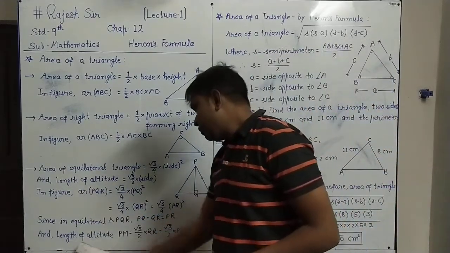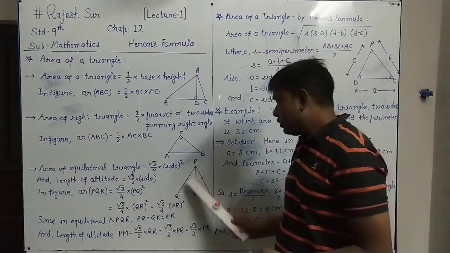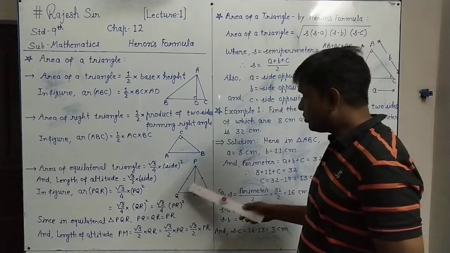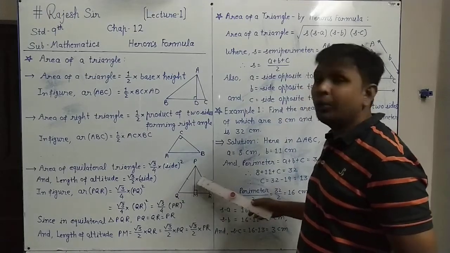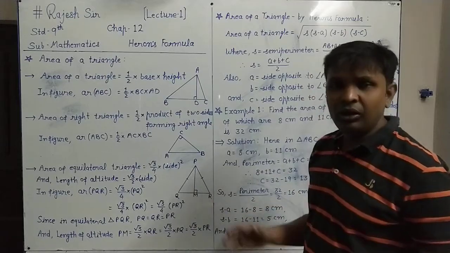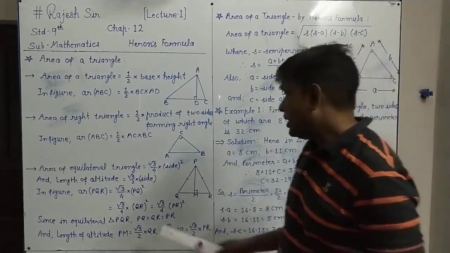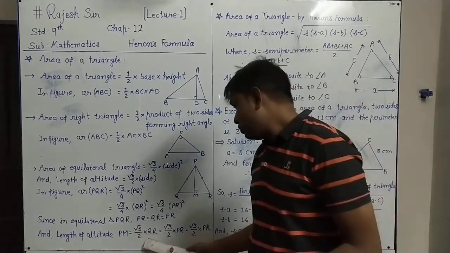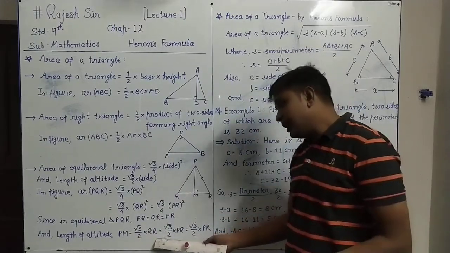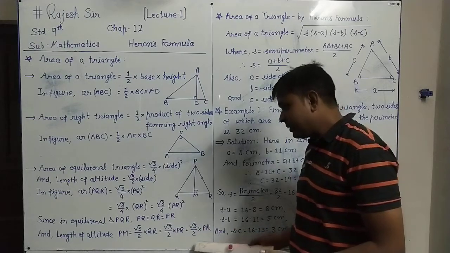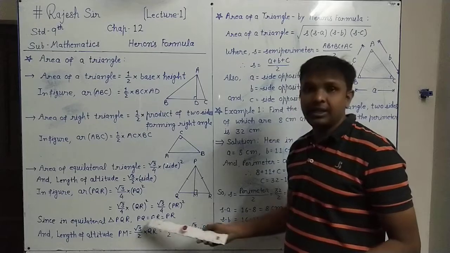Similarly for the length of the altitude. Here we have shown one of the altitudes as PM. We can also take the altitude from Q to PR, QN or any name you can give, and RF. All the altitudes will be the same, and the altitude equals root 3 by 2 into any side. So root 3 by 2 QR, or PQ, or PR, because all three sides are equal.